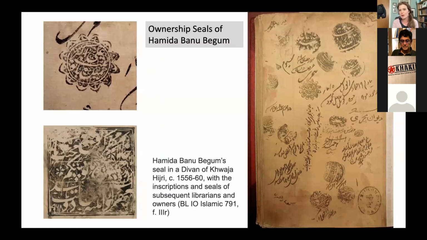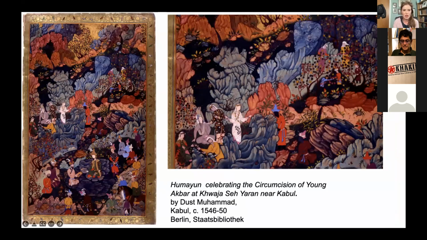So Hamida Banu Begum was a very educated woman. I'll just go back to the previous slide. She came from a distinguished lineage of the Sufis, connected to the Sufi Ahmed of Jami.